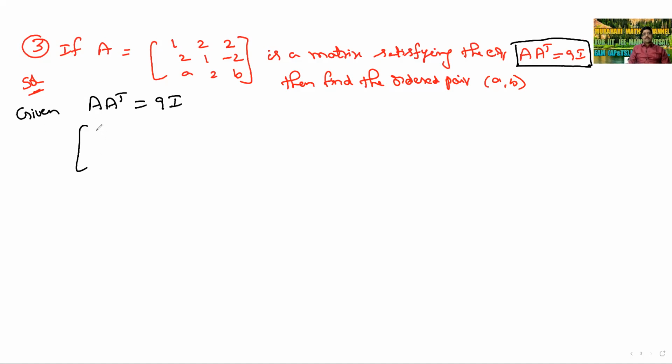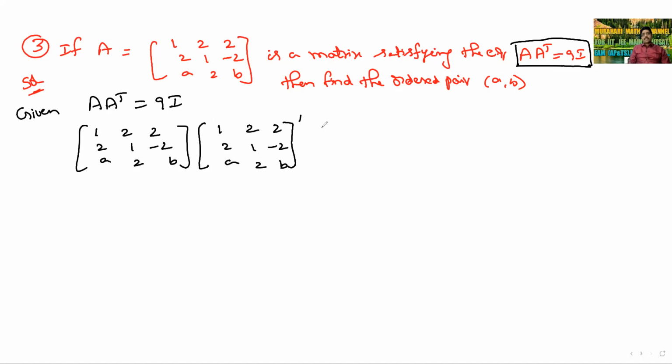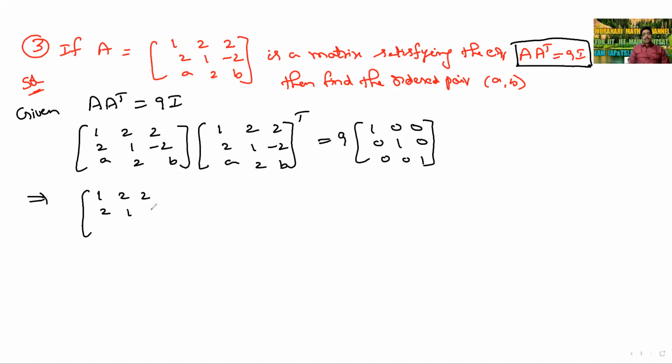A is the matrix 1, 2, 2; 2, 1, minus 2; A, 2, B, into transpose of A, equal to 9 into the unit matrix, that is 1, 0, 0; 0, 1, 0; 0, 0, 1.